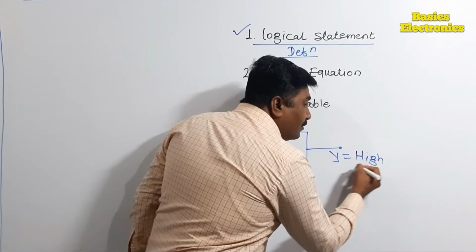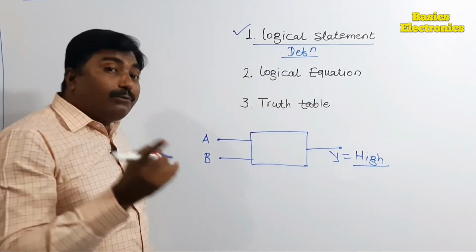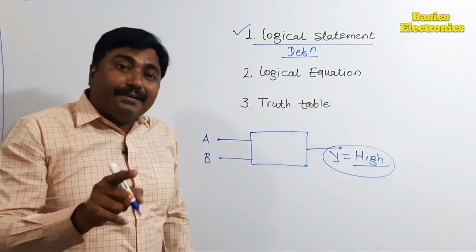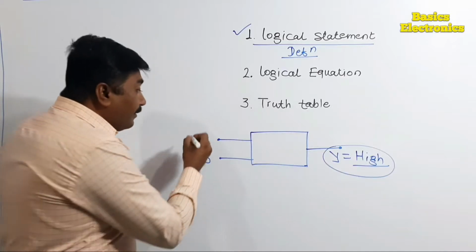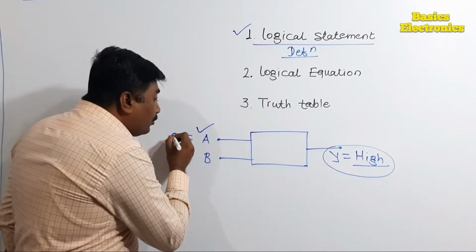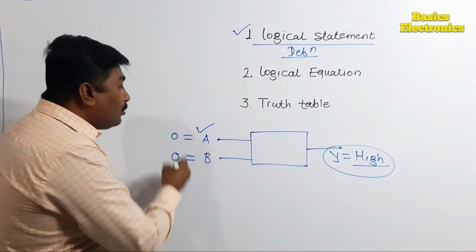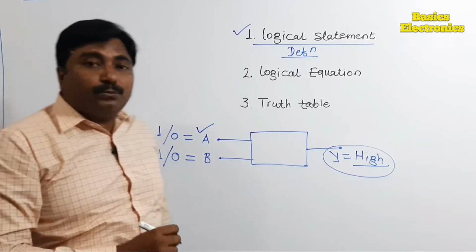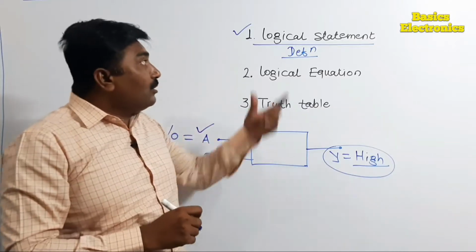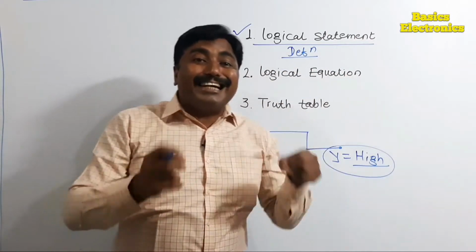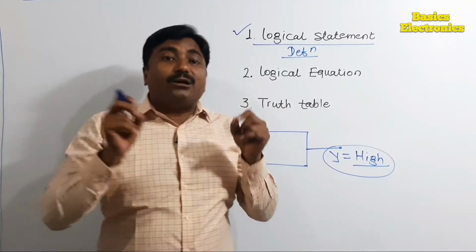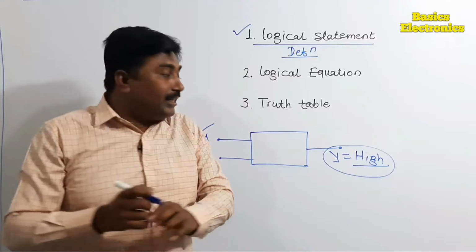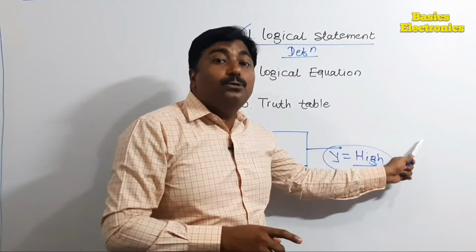The output Y we require high. When we require high, the output we get is high, but when A is equal to 0 and B is equal to 0, or A is equal to 1 or B is equal to 1. This means a logical statement is the statement or the definition of a logic gate which provides us a condition to get the high or low output.